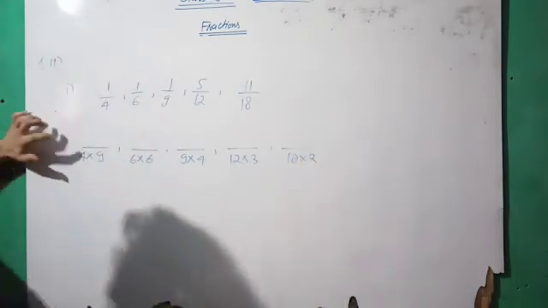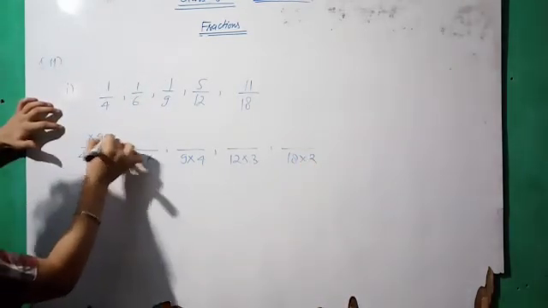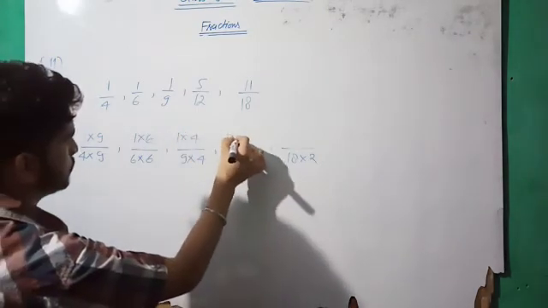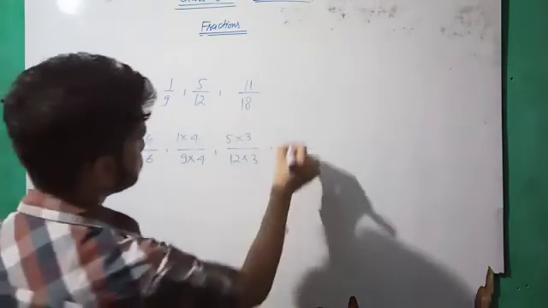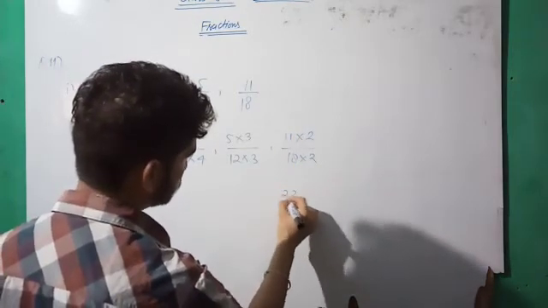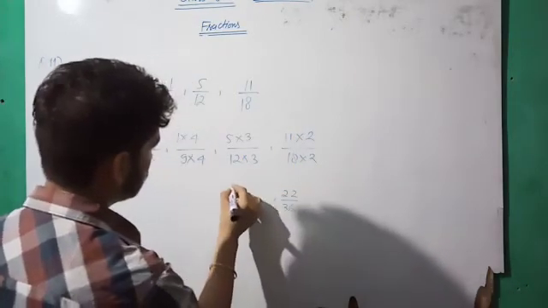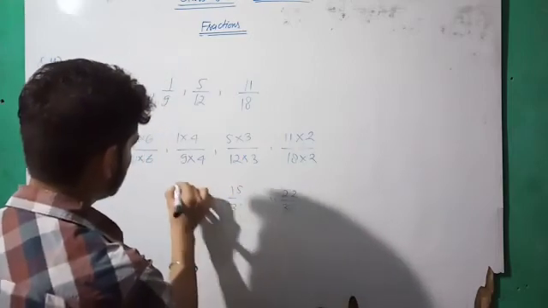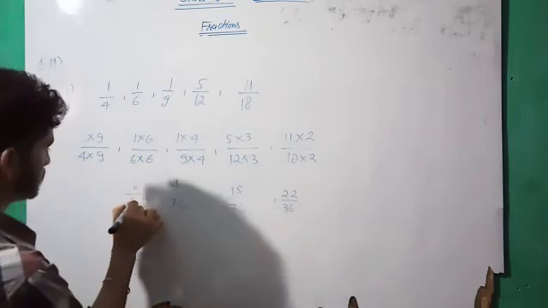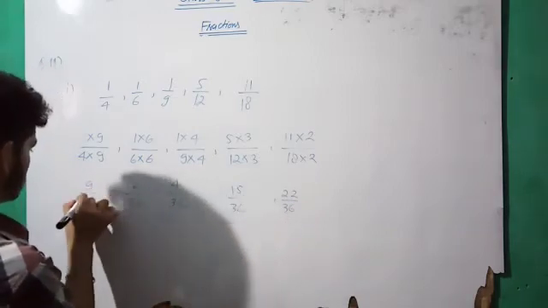Similarly, we have to multiply the numerator also. 1 into 9, 1 into 6, 1 into 4, 5 into 3, okay, and 11 into 2. So this is 22 upon 36, okay, 15 upon 36, 4 upon 36, 6 upon 36, and 9 upon 36.